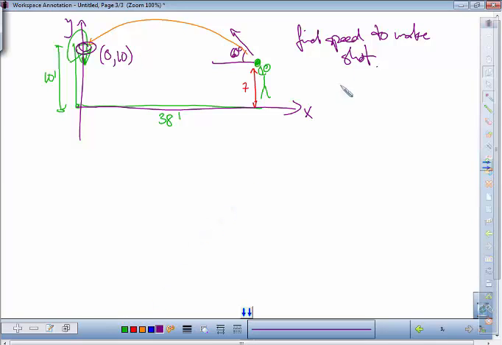So what will be our initial position? Our initial position, 38, 7. This is going to be your r naught, we call it, but we'll just use those numbers as the constants after a second integral. And then our initial velocity: since we have an unknown v, not an arrow, we have an unknown speed, that's what we're solving for.